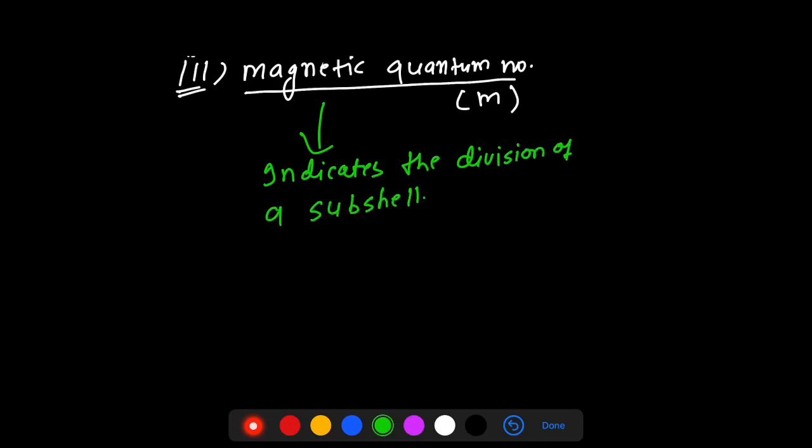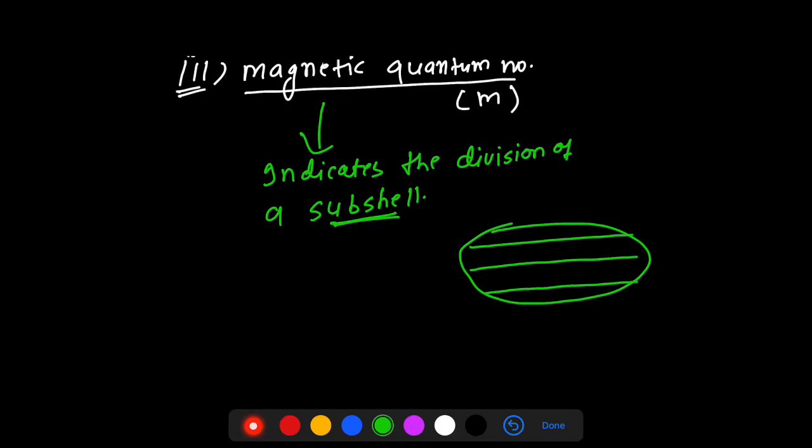It indicates the division of a subshell. Like the azimuthal quantum number is used to indicate the division of a shell, and that division is called subshells. Now the magnetic quantum number will deal with further division of subshells, right? This will deal with the division of a subshell.